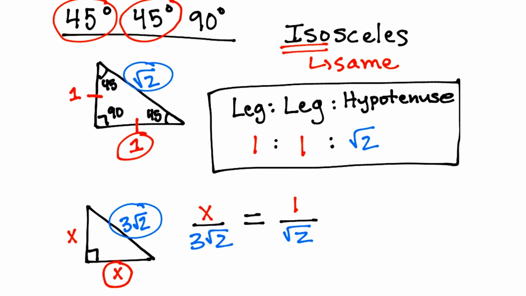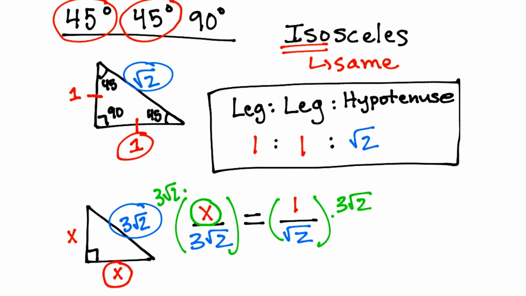So now what we can do is, if we want to solve for just x, we know that we have 3 square root of 2 in the denominator on the left, so we can multiply both sides by 3 square root of 2. So on the left, that would cancel out. And then on the right, the square root of 2's would cancel out. And actually, what we would be left with here is that x equals 3.